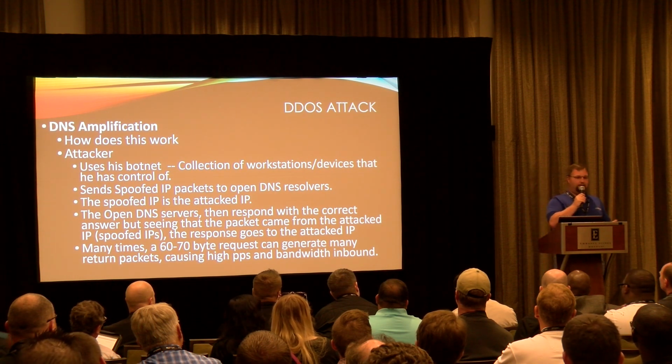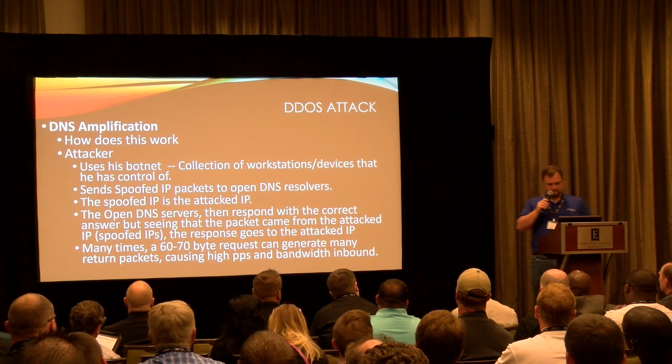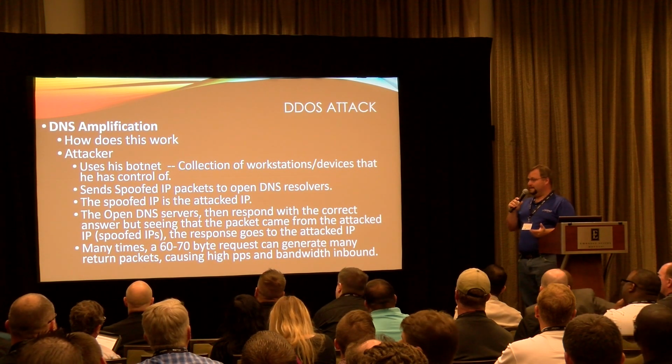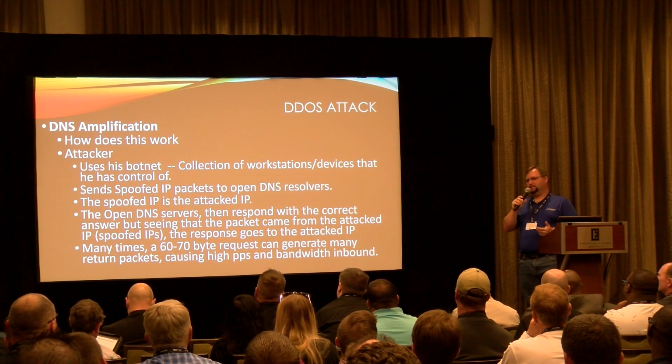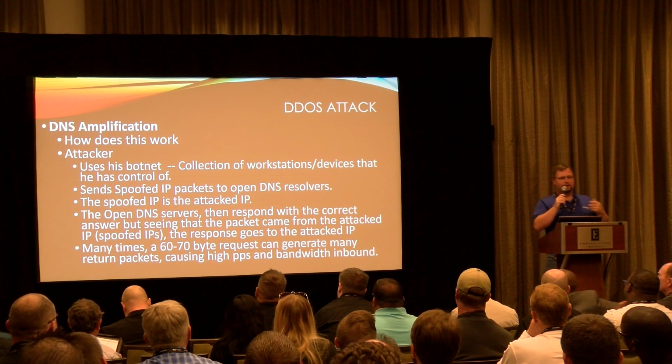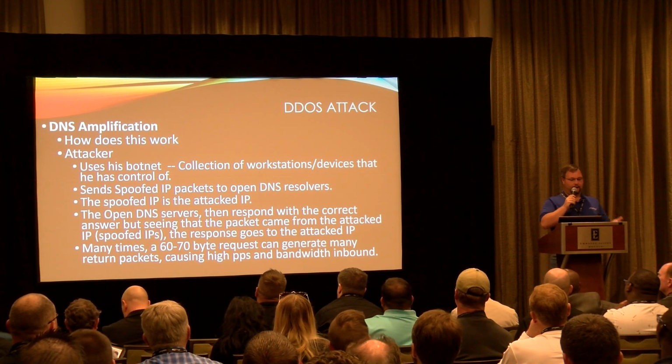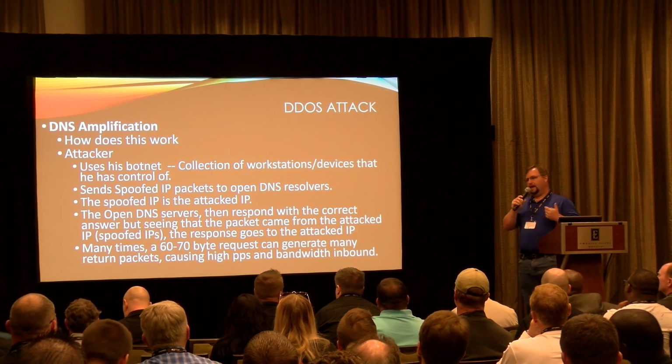That is basically how a DNS amplification attack happens. You can get many, many times of amplification with that, so it does not require many bots to generate a massive amount of traffic as well as a massive amount of packets.